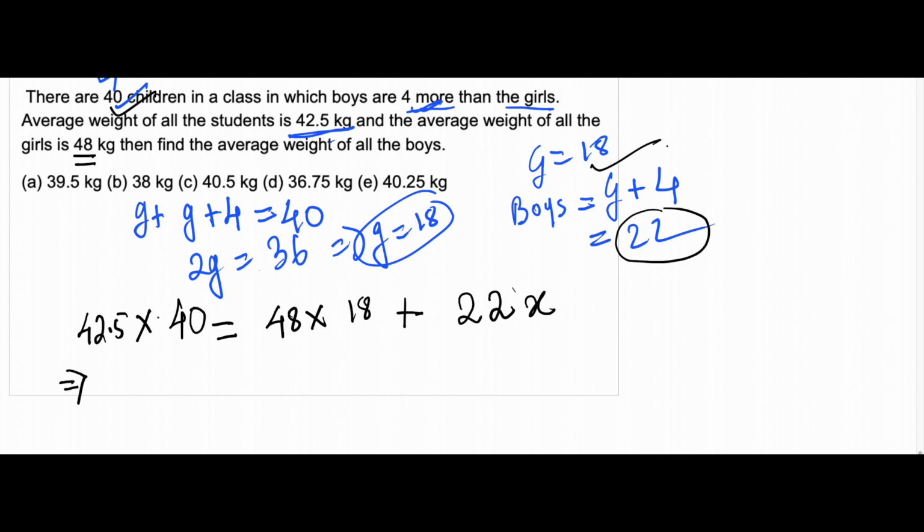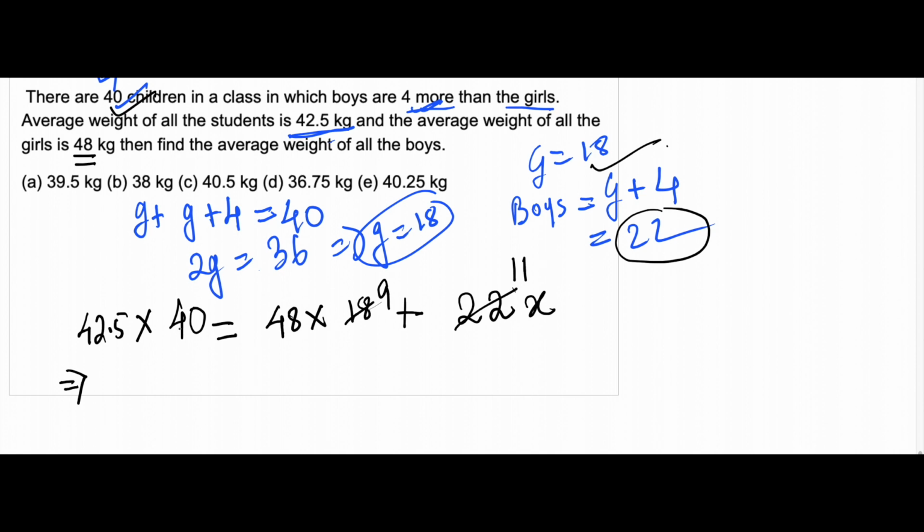Okay. Now, 42.5 into 40 is 1700, is equal to 48 into 18. Okay, before doing this, let's actually just reduce this. Let's cancel by 2. 2 into 11, 22. 9.